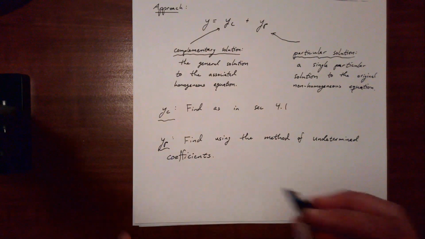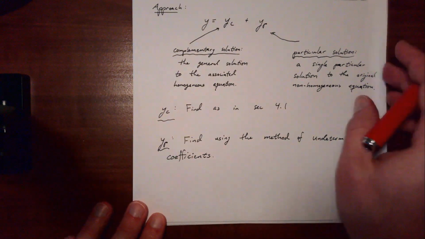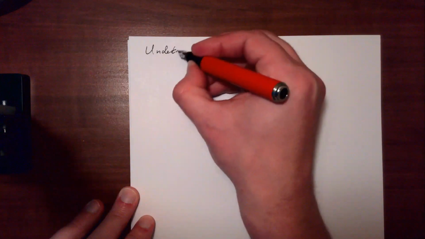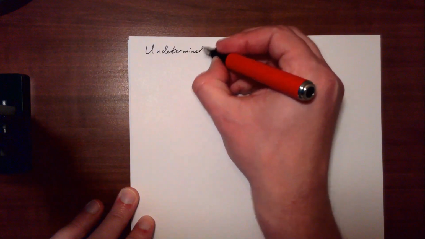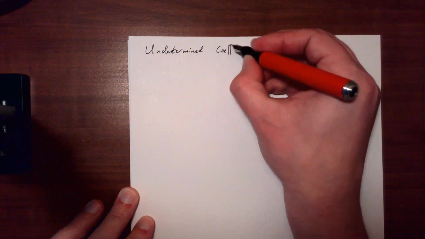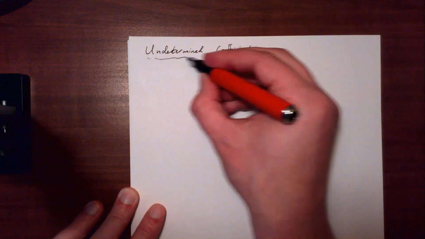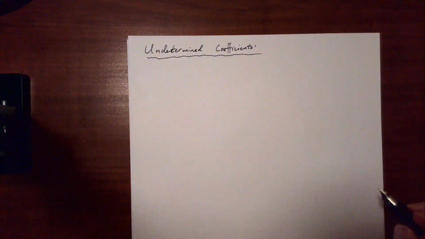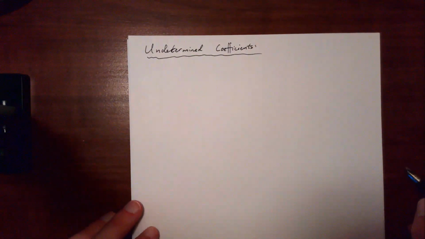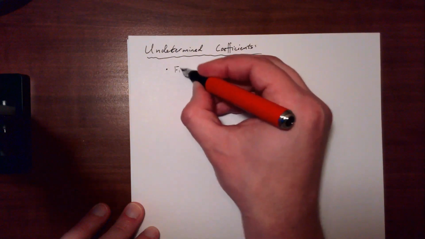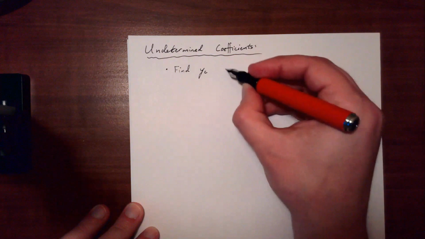Alright, so the process here. Undetermined coefficients. Here's how this works. First off, it's helpful to find yc to begin with. So step 1: find yc first.